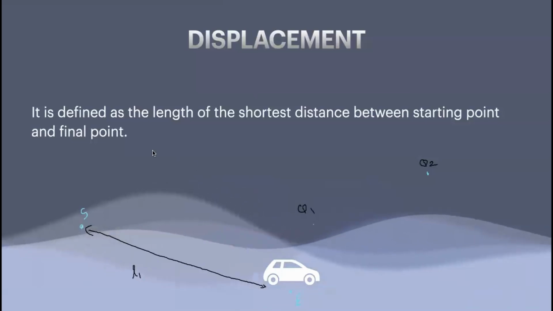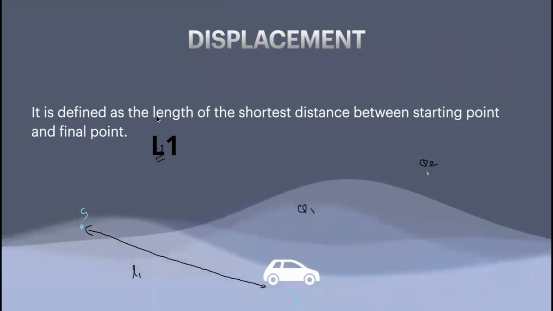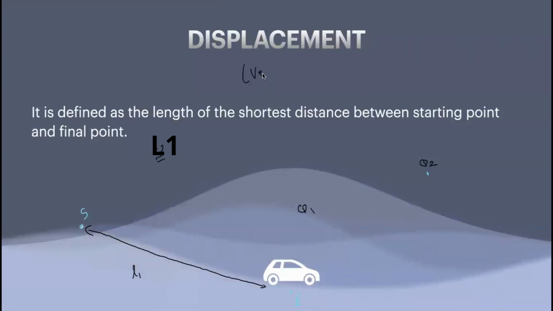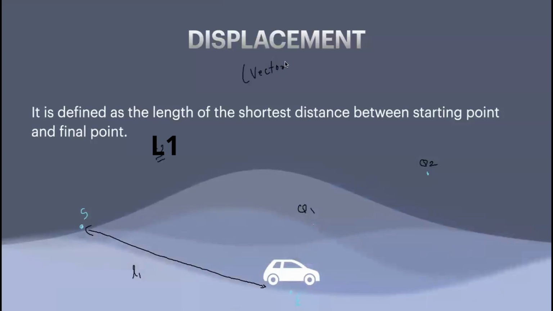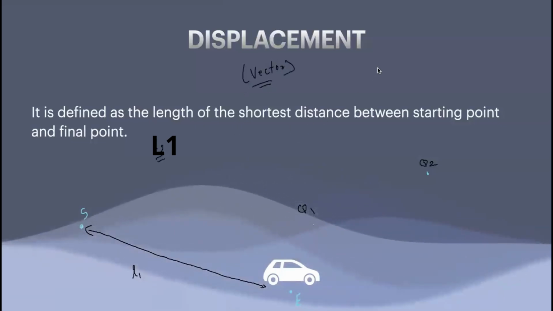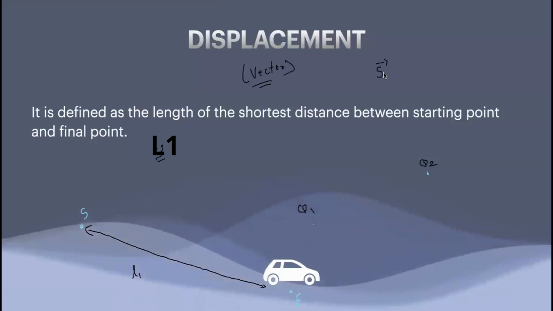So this is L2. Okay. Now, displacement is what? A vector. Remember, displacement is a vector and it's usually denoted by the letter S like this. Is this clear?